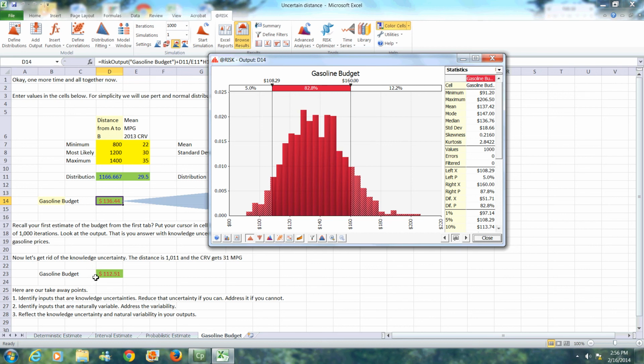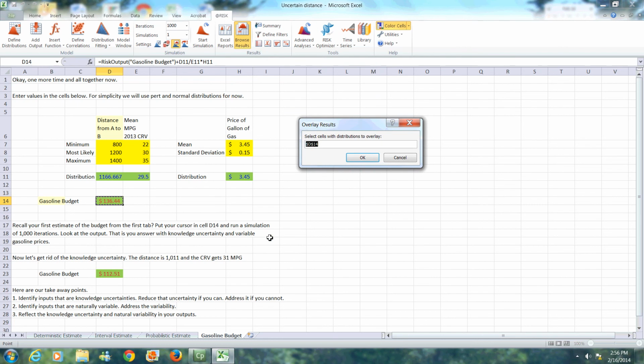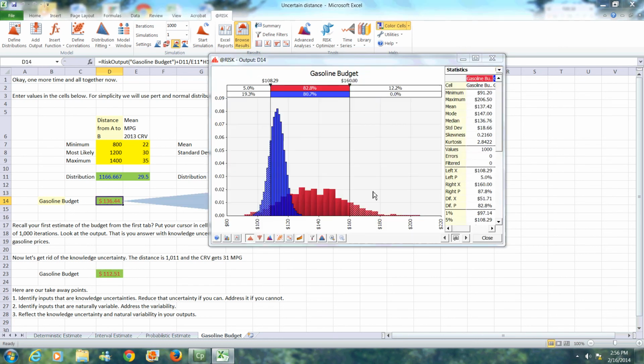And in this distribution right here, in D23, and I'll use an overlay for it as well, you can see that when we eliminate the knowledge uncertainty, we are still left with natural variability, but we have a much better estimate now of what the actual cost of this trip is going to be.